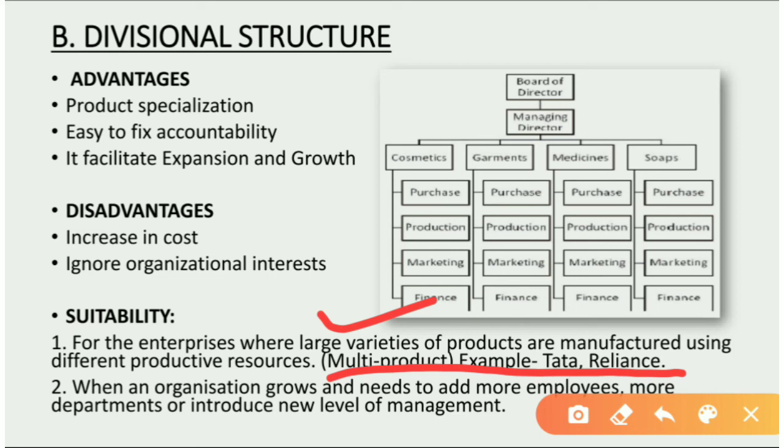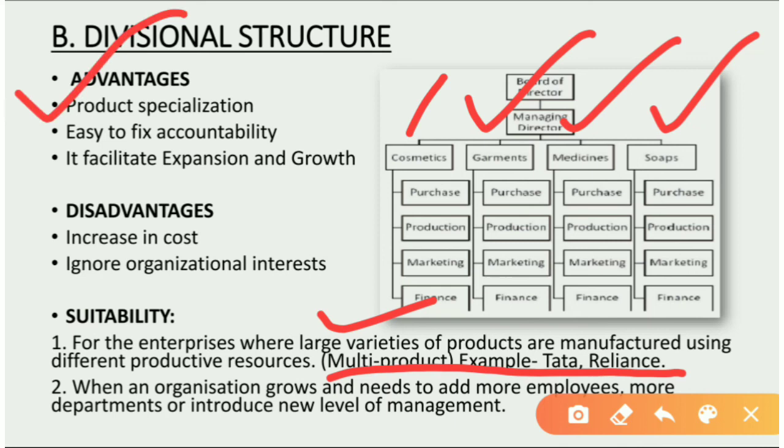Like they are producing not only cosmetics, but garments also, medicine also, soap also. So they are dealing in large varieties of product. If any business wants to deal in more than one product, then they can choose divisional structure. They can follow this pattern of structure.